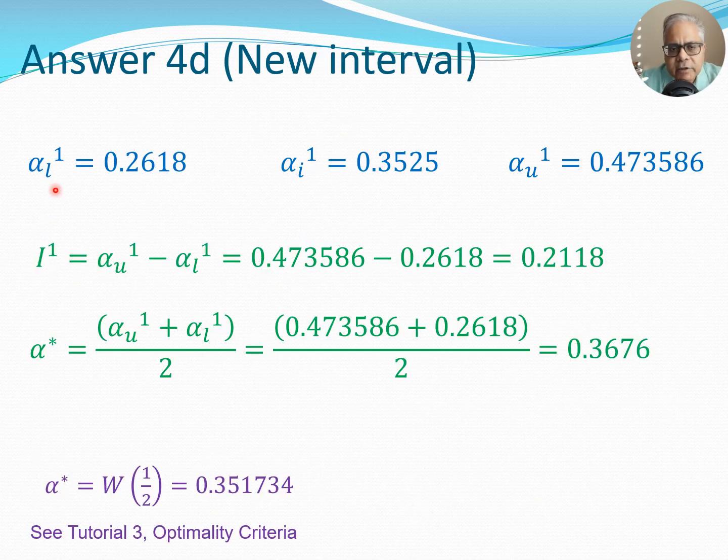Now let us look at these three values here. We have obtained these three values, and we can immediately obtain I1, and we can also obtain alpha star. So we see that alpha star comes out to 0.3676, and this is pretty close to, of course, the actual minimum value of 0.3517, but still not so close. So we are going to look at that further.